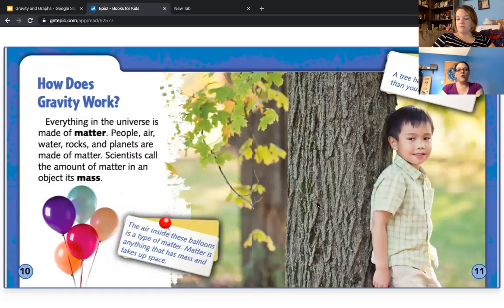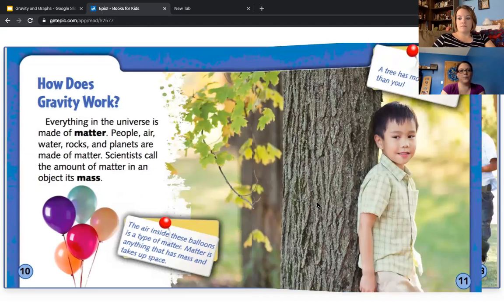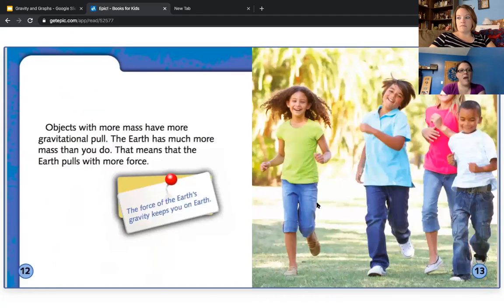Well, everything in the universe is made of matter. People, air, water, rocks, and planets are made of matter. Scientists call the amount of matter in an object its mass. Objects with more mass have more gravitational pull. The Earth has much more mass than you do. That means that the Earth pulls with more force.